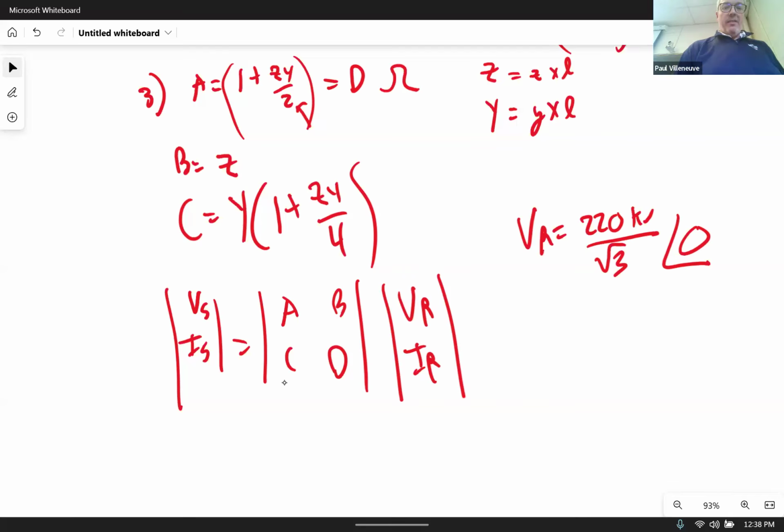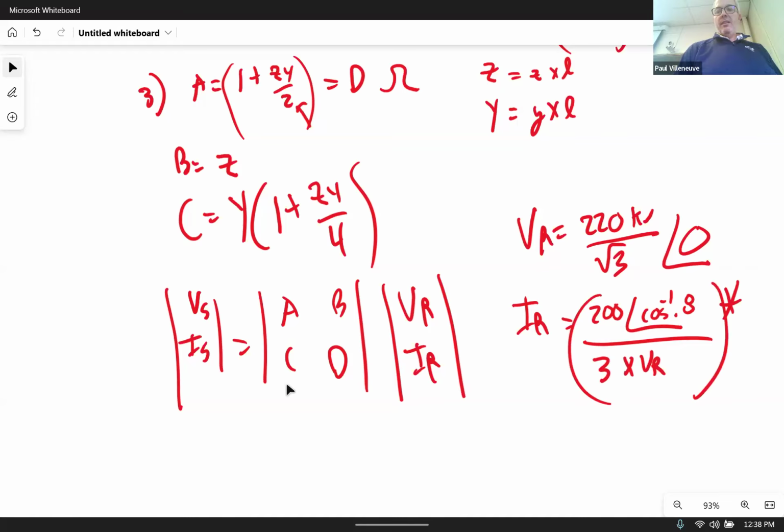Now, IR says it's 200 MVA at a 0.8 lagging power factor. That's 200 at an angle of inverse cosine of 0.8. And then I divide that by, if this is VR as a single phase voltage, then I had better put 3 times VR and take the conjugate of that.